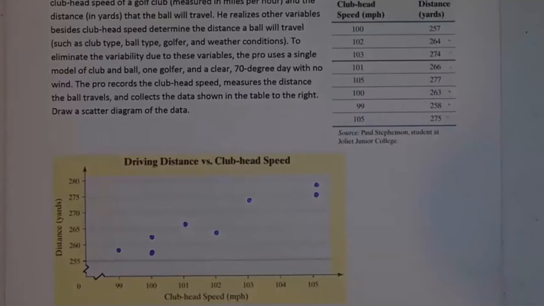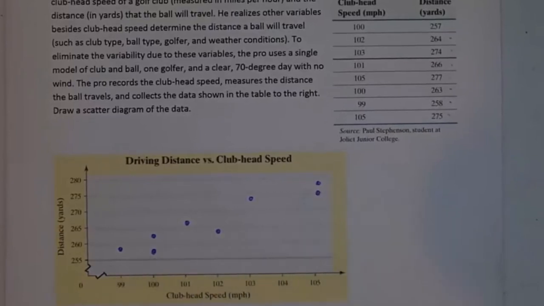Now, specifically, what we're going to be looking for in this class is to try to determine if there is a linear relationship between the explanatory and response data. So would I be able to draw a line through this data that would describe, on average, how far a ball would go if I swing at a specific speed? And so that's coming a little bit later on.